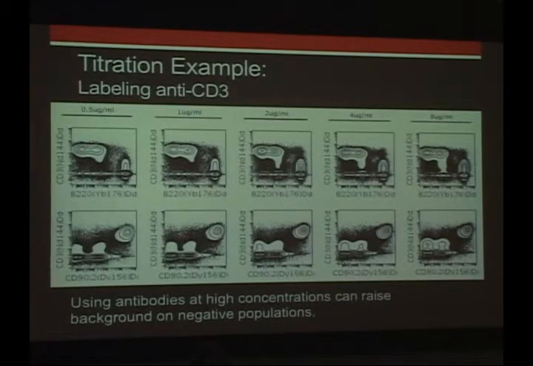And this becomes fairly important when you're trying to determine the background of your antibodies. As you all know, antibodies pretty much always have some level of background staining. And if you try to use your antibodies at too high of a concentration, that can become a problem for you.